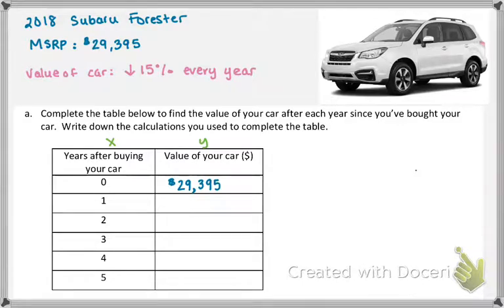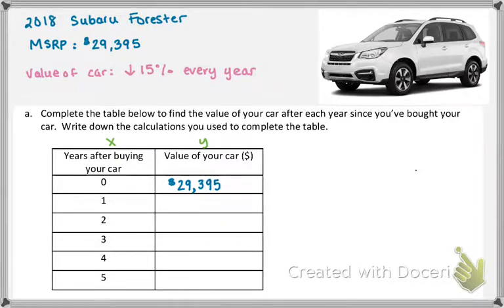Okay, so now let's think about after 1 year, my car loses 15% of its value. There's a couple of ways you can calculate this. You can figure out what 15% of $29,395 is, and then subtract that from the total.